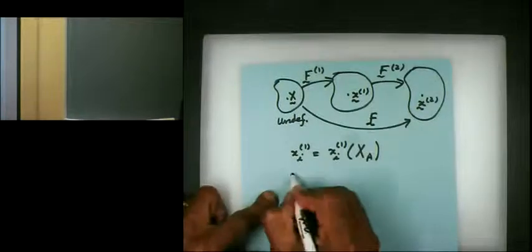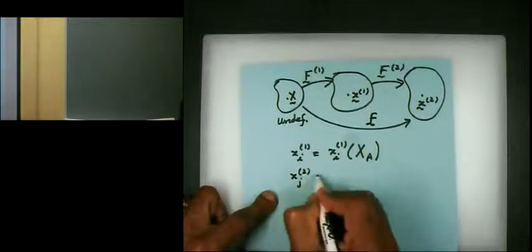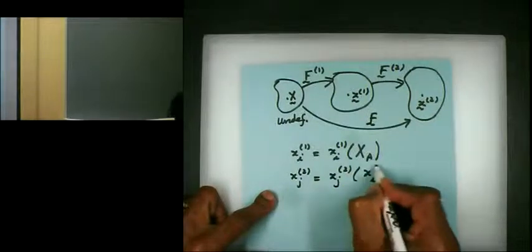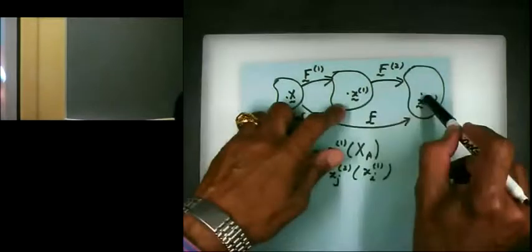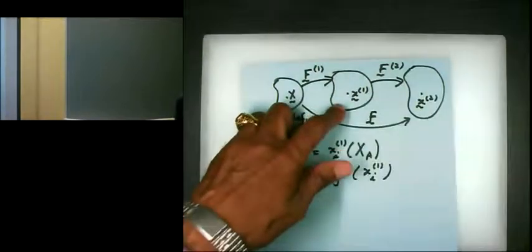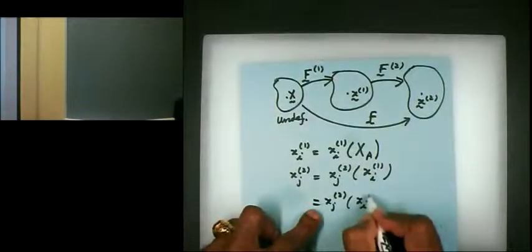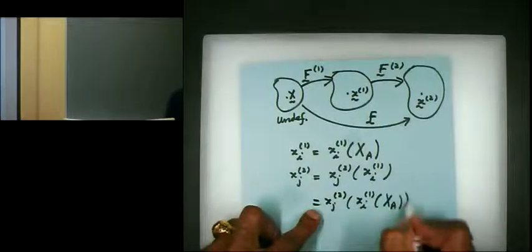What about this x2? It is a function of little x1, because we went from here to there, but this is a function of X_A, because little x is a function of big X. But that's the first equation, right?